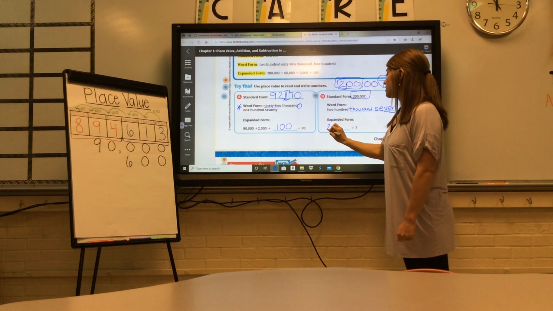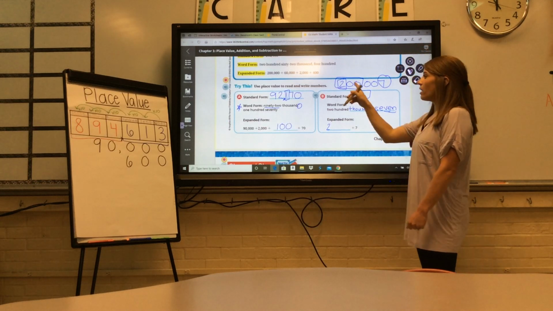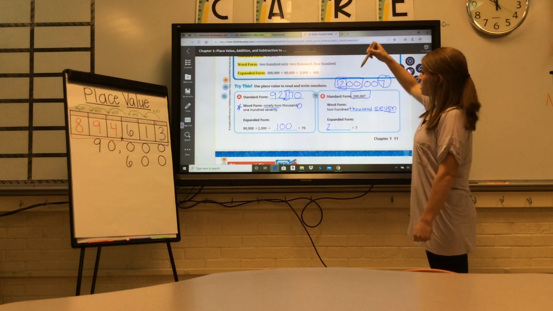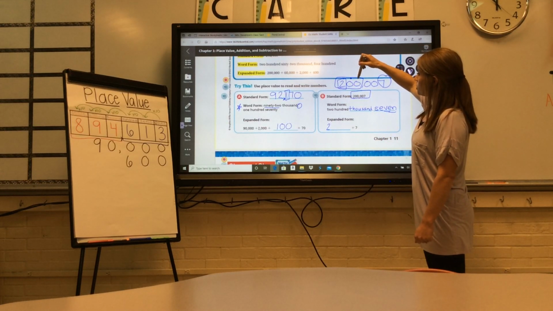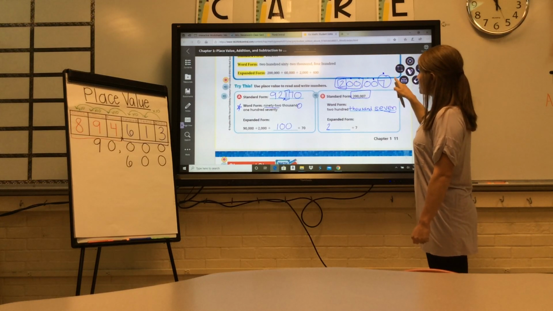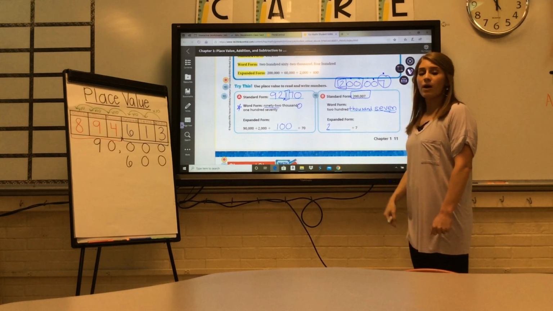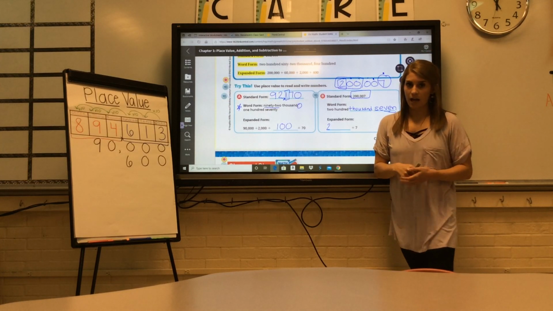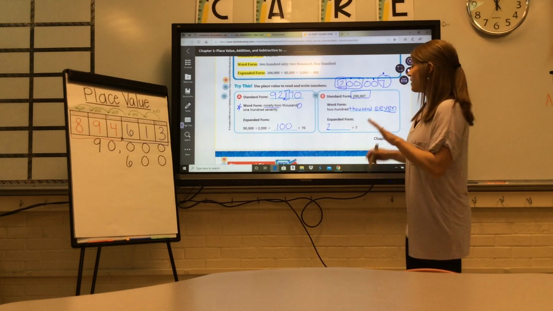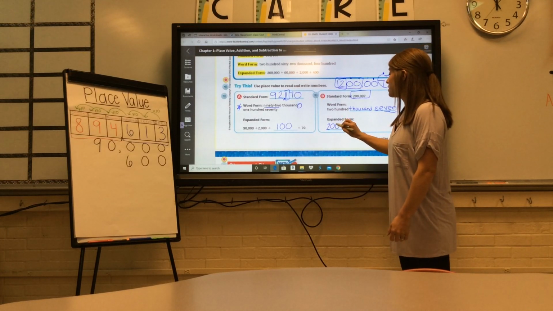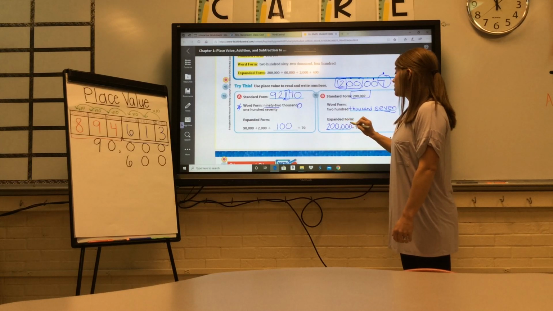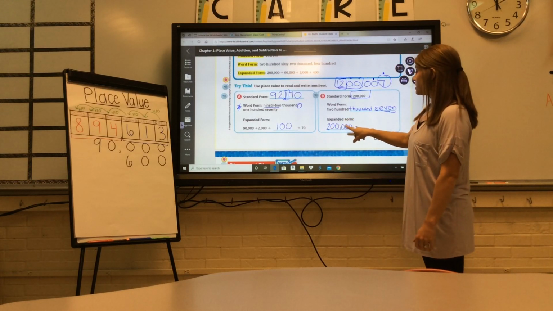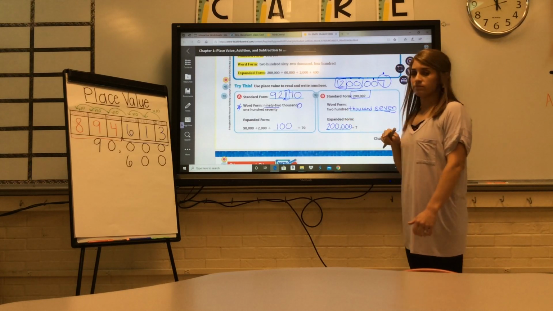So I'm going to go ahead and write down the number 2, and I'm going to count how many places are behind it. I've got 1, 2, 3, 4, 5 digits behind that 2. So how many zeros am I going to put behind that 2? Exactly. I'm going to put 5 zeros behind that 2 to replace those digits. So we've got 200,000 plus 7.